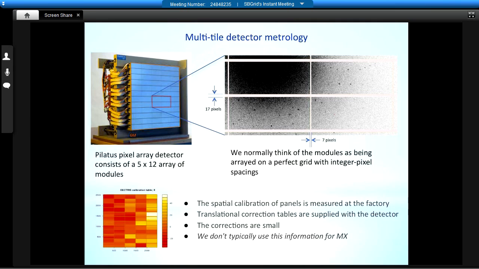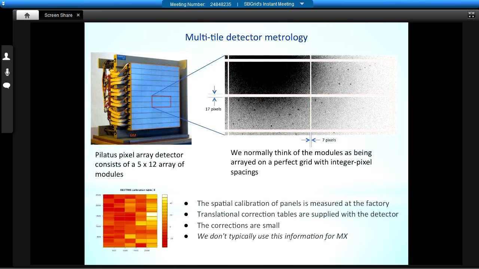I'm going to show a series of slides that in some way shows the accuracy that we're able to achieve using these methods. So this is what's inside of a Pilatus detector. It's a 5 by 12 array of silicon sensors, as we heard this morning. We normally think of these modules as being arrayed on a perfect grid with integer pixel spacings.